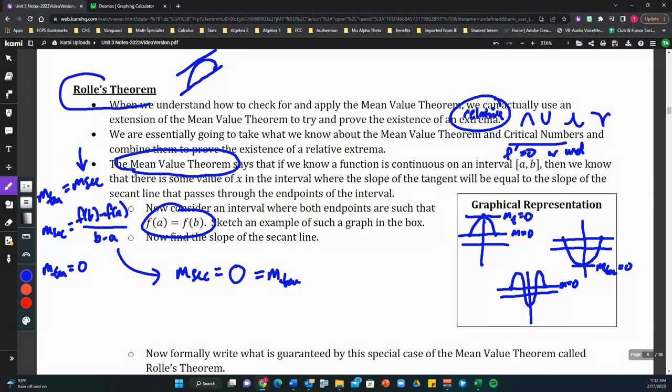Rolle's theorem is really still doing mean value theorem. It's just, instead of being any kind of slope, it's restricted to zero slope. And because it's zero slope, that is a way for us to prove that a relative min or max must occur somewhere within that interval. Those are really important points for us. So then we can go and actually try to solve and figure out where those relative extrema are.